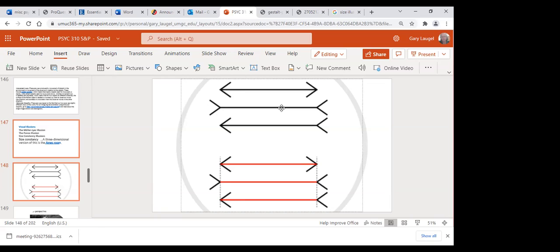We'll get into the idea that if an object appears farther away, like in the corner of a room, if you can use that analogy, things that are farther away should get smaller, but in fact they don't.